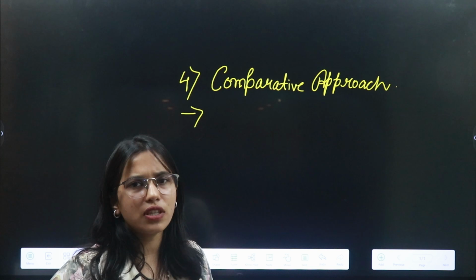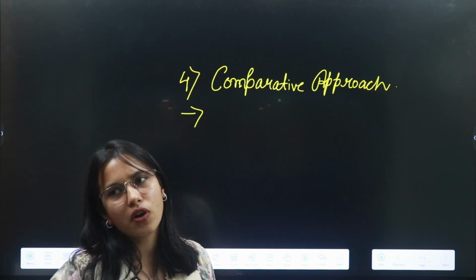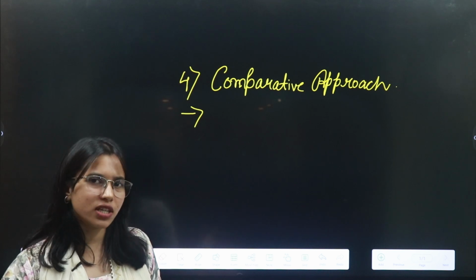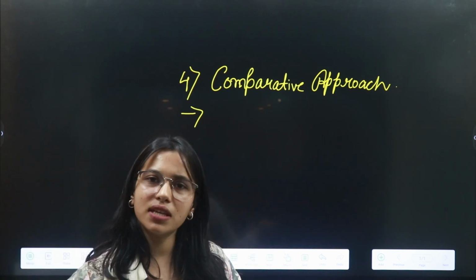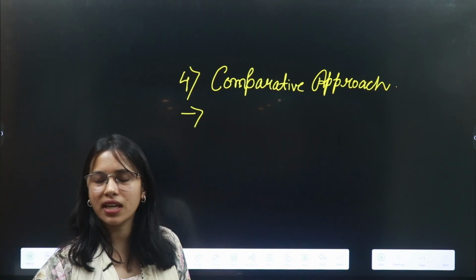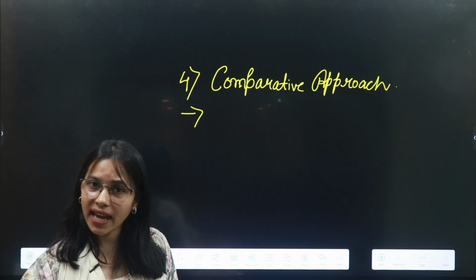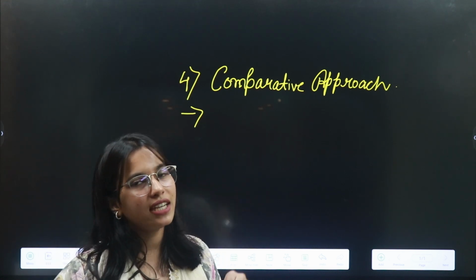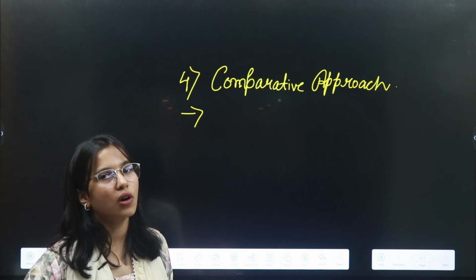This is a very good and big example of the comparative approach of study, where we compare and see what is good, what is bad, and we select the best part out of all the comparisons and include it in our field of study and come to a conclusion.